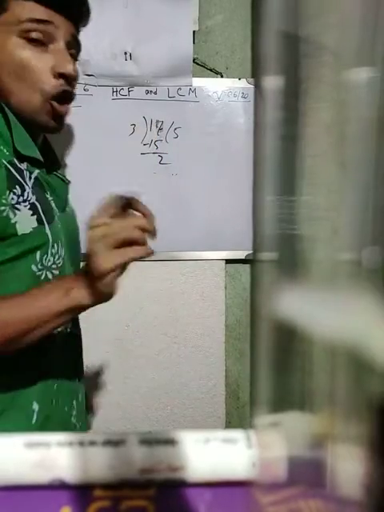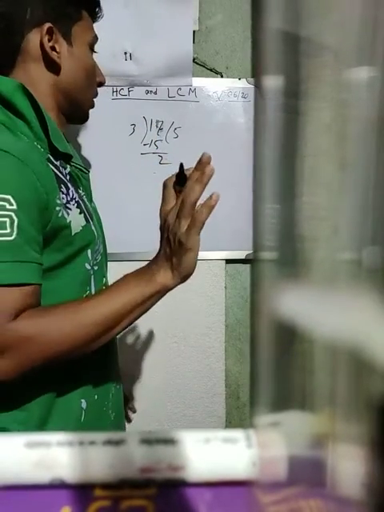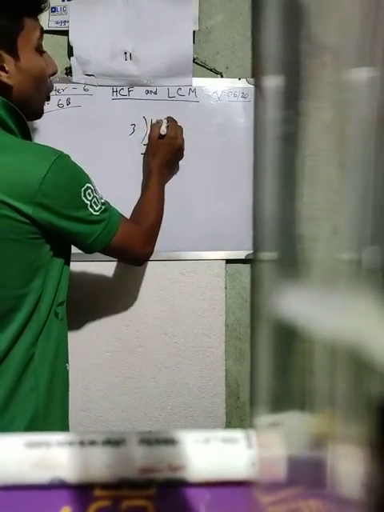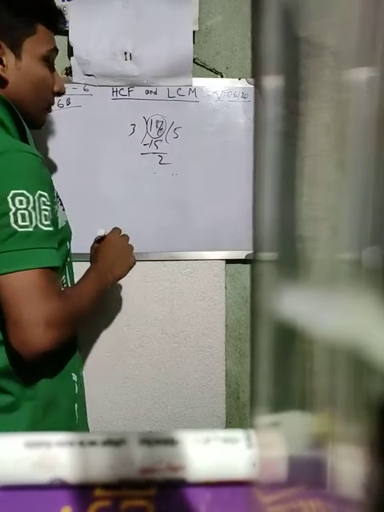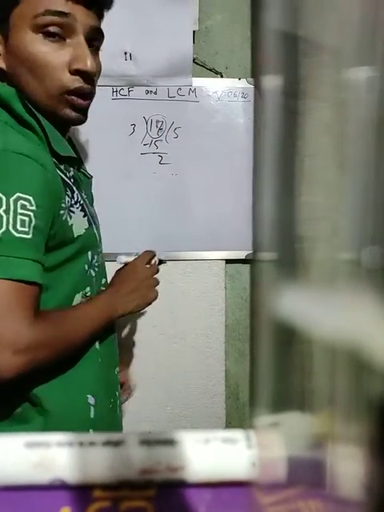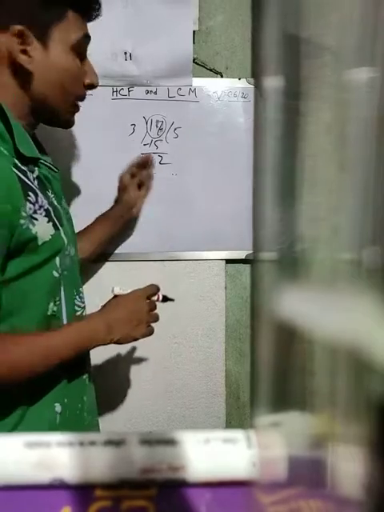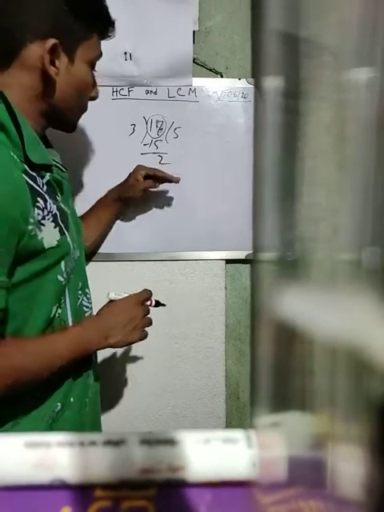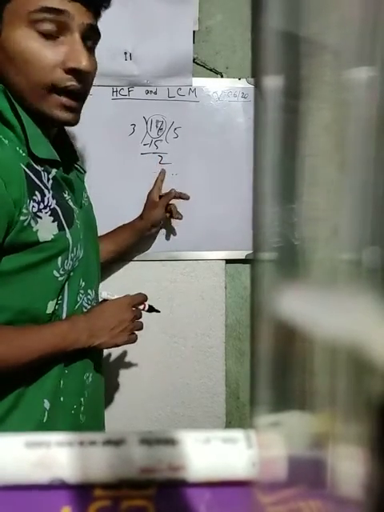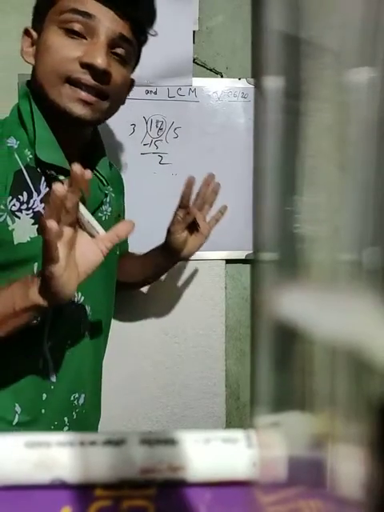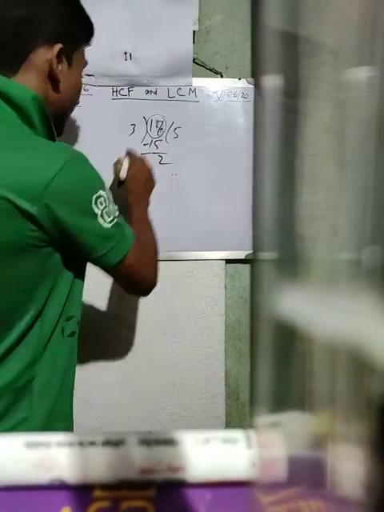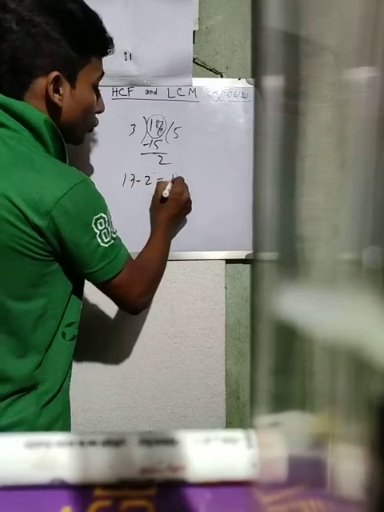Here 17 is not divisible by 3. But if we subtract the remainder from the dividend, then the number is exactly divisible. 17 minus 2 is equal to 15.